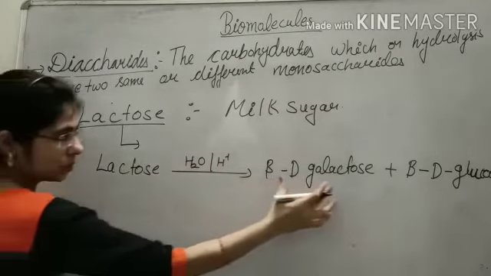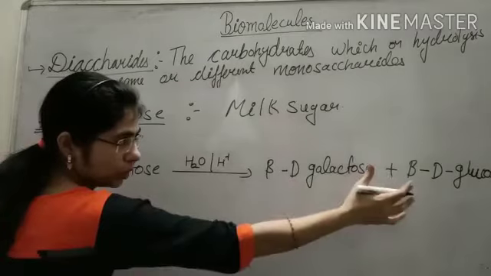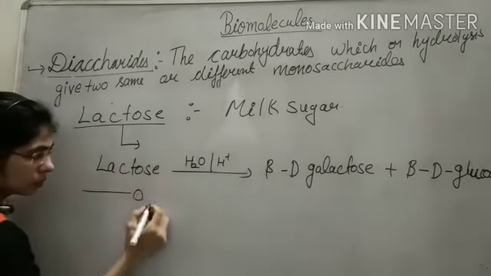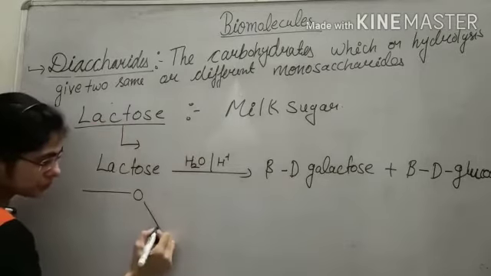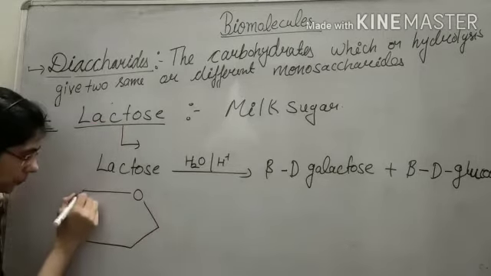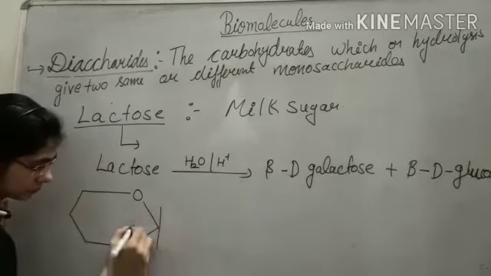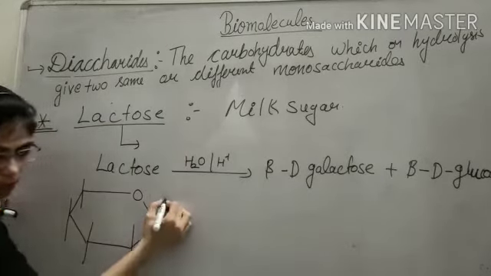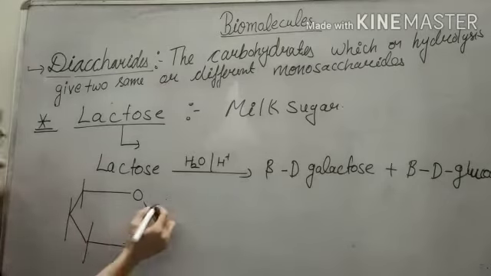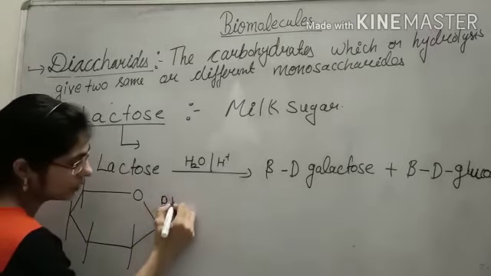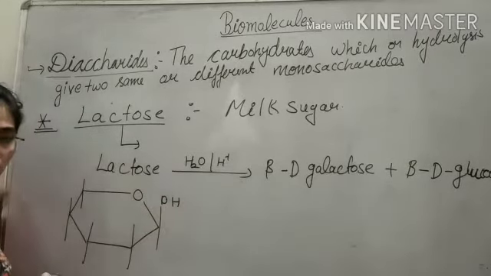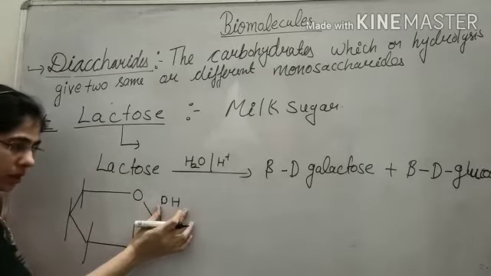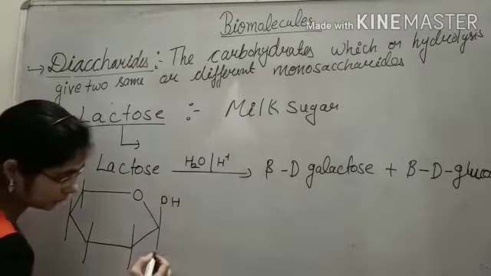Lactose: in this case, these two units join together to form lactose. In case of beta, OH is present at the left hand side, so it is placed on the upper side.